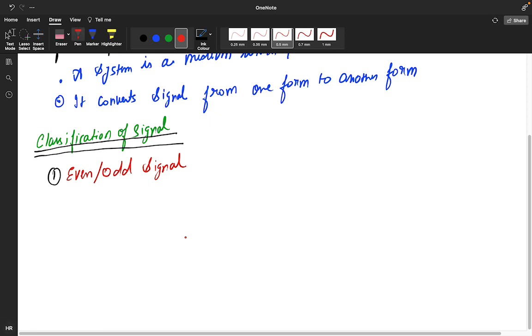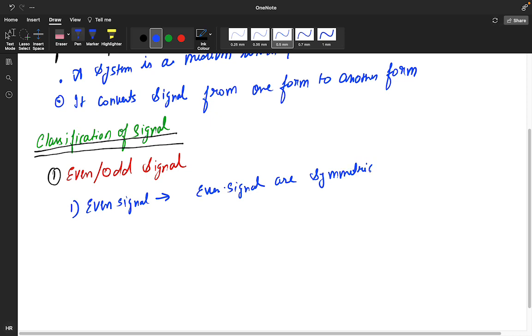Write it down. What is the meaning of an even signal? Symmetrical about the y-axis, sir. Yes. Even signals are symmetrical about the y-axis.